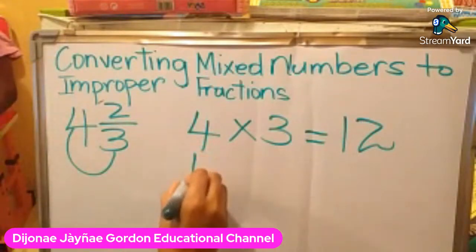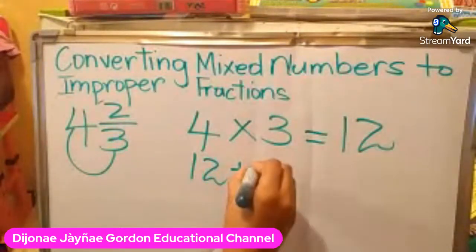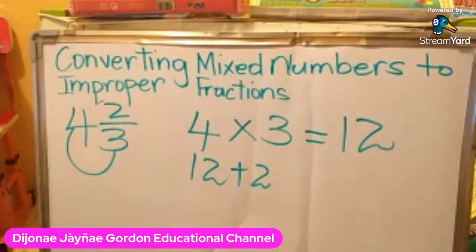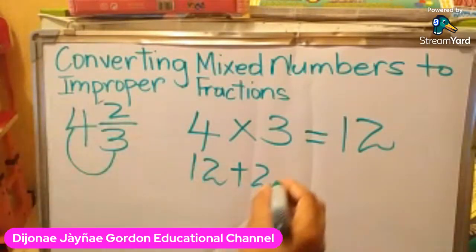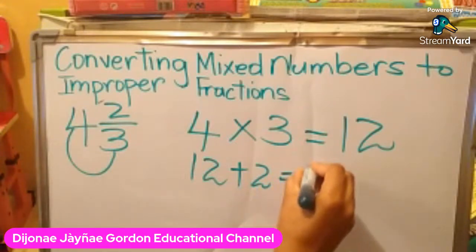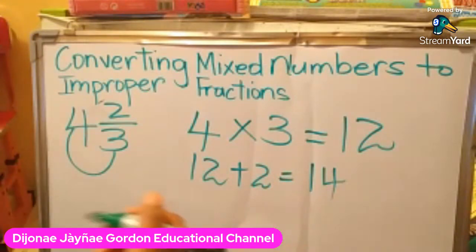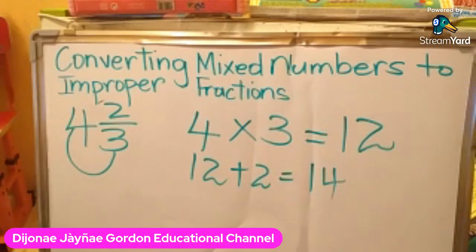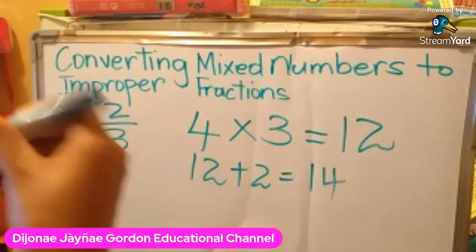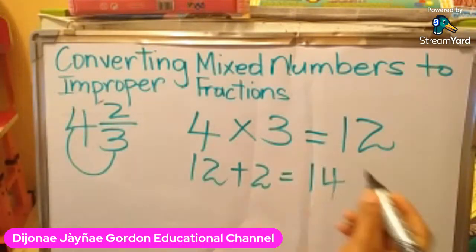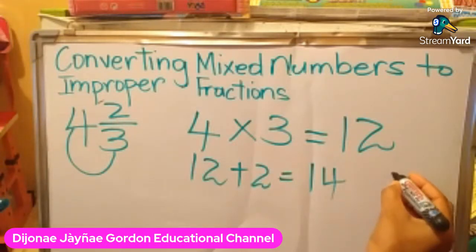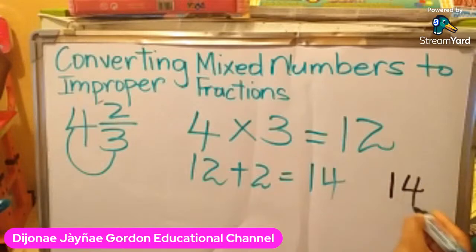So 12 plus 2, you get 14. So 14 now is going to be the numerator for your improper fraction. So your answer is going to be 14 over 3.